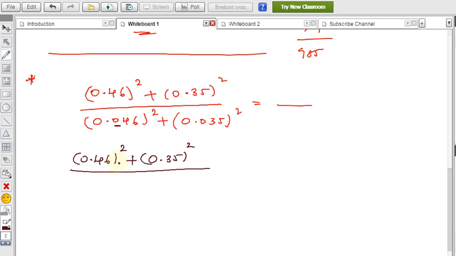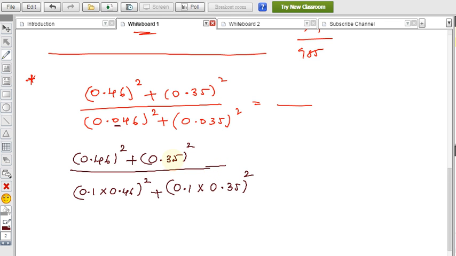If I split, 0.046 is nothing but 0.1 into 0.46 whole square, plus this also 0.1 into 0.35 whole square.